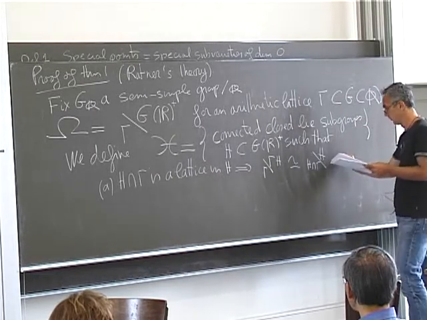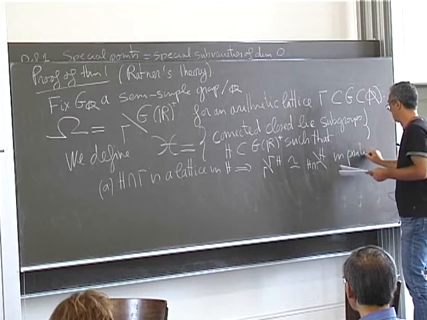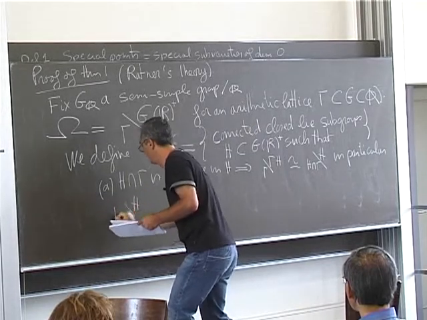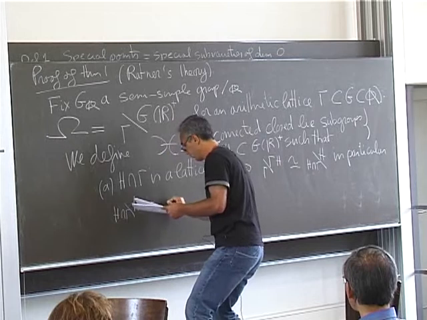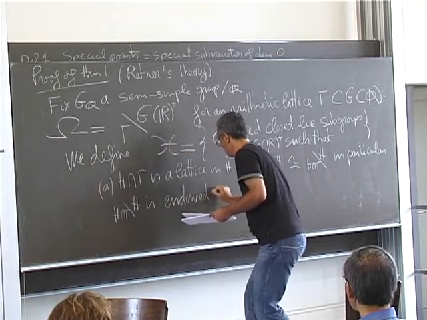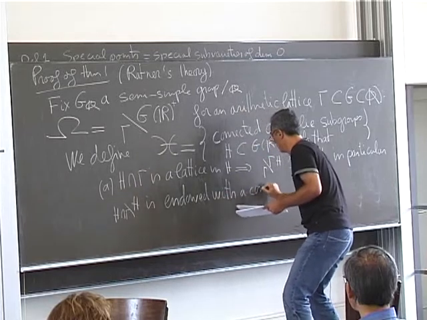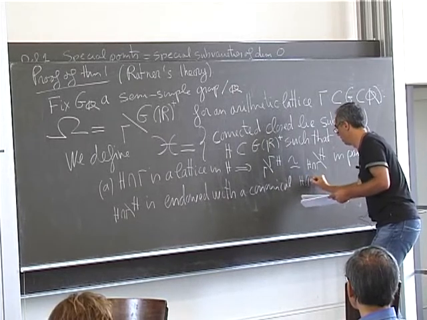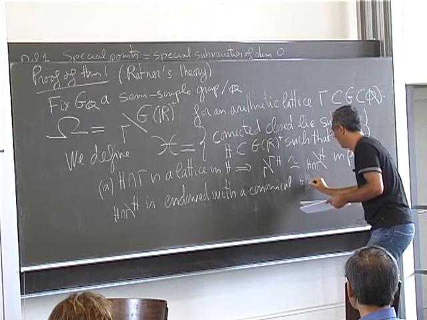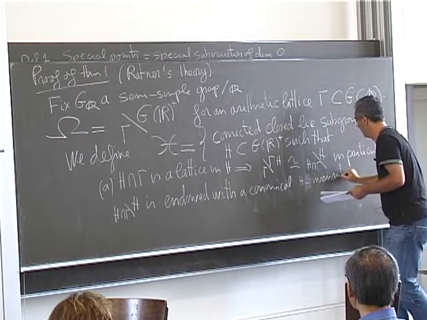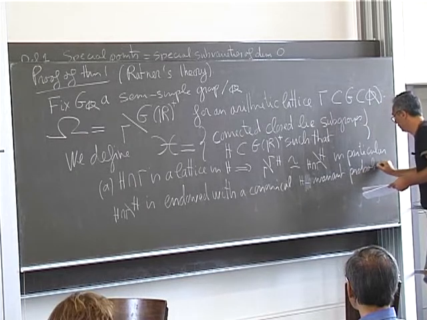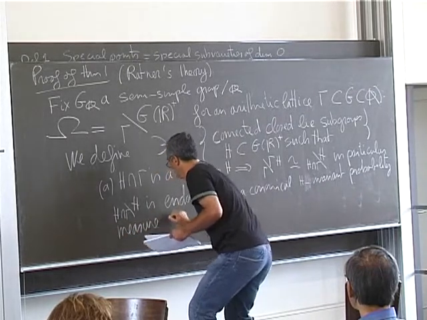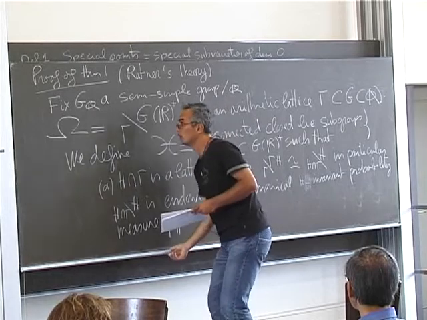And in particular, H in this situation is endowed with a canonical H of R invariant probability measure. I will call it mu H.